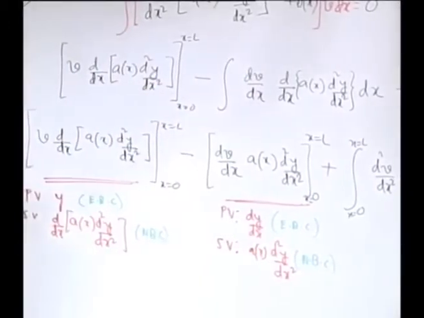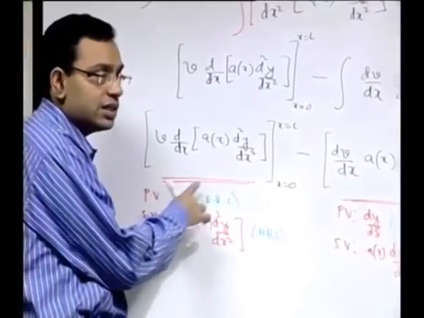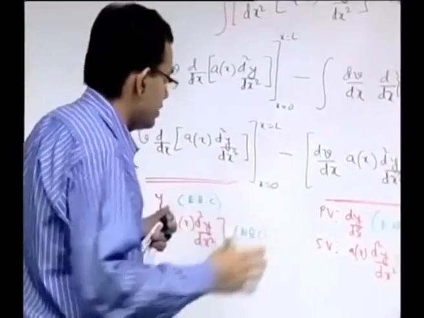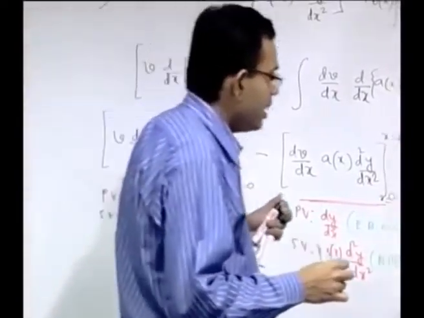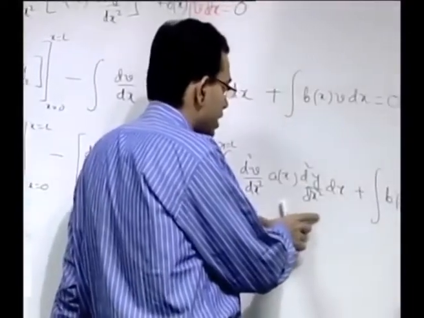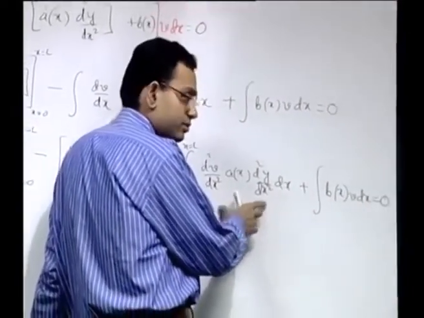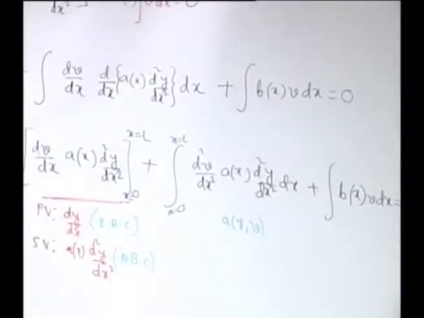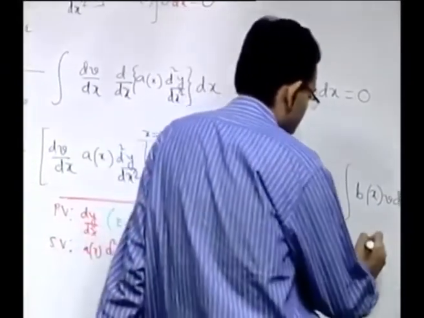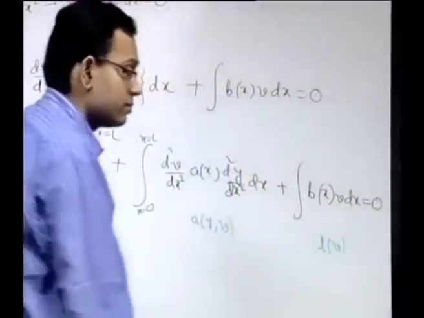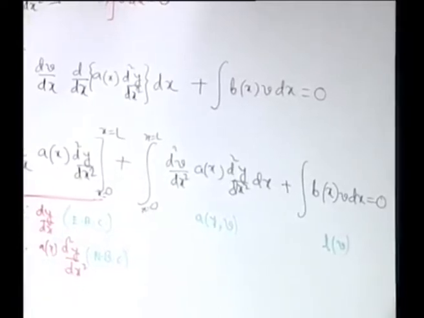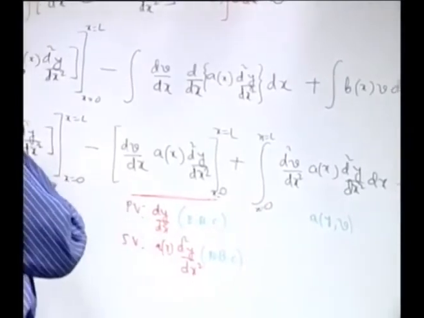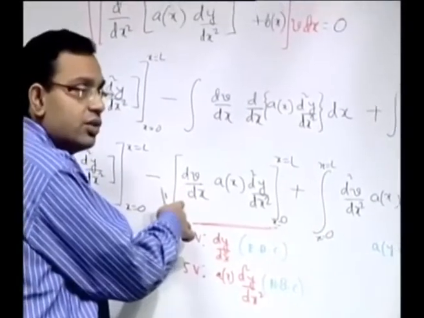So in the boundary either you have to specify the essential boundary condition or you have to specify the natural boundary condition. Now once these are specified, the remaining terms you have a y comma v as this one, and L of v as this term. Obviously when you substitute the boundary conditions here, they are not always 0.